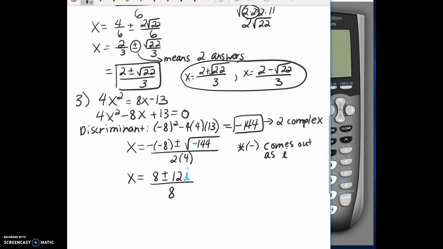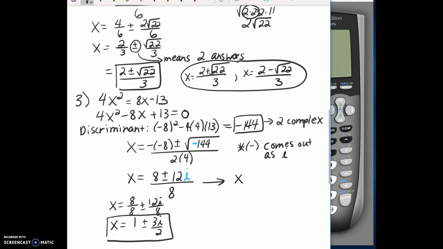So this negative sign is coming out as an i on the outside, over 8. Now, similar to the last example, you can separate into two fractions to make sure that you simplify completely. Okay, so this is one option for your answer.